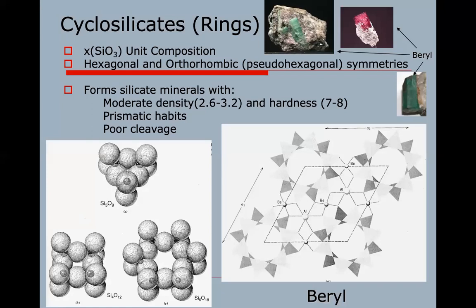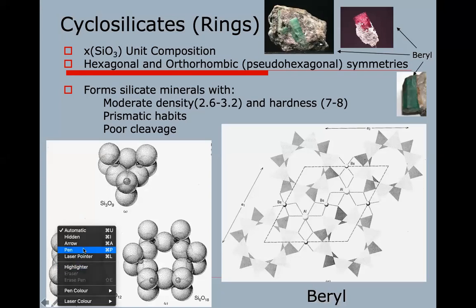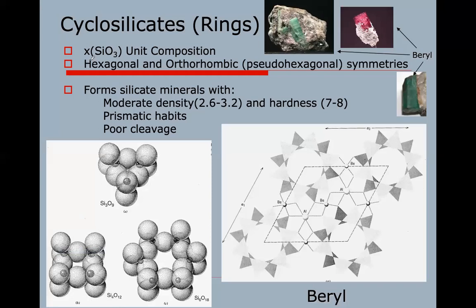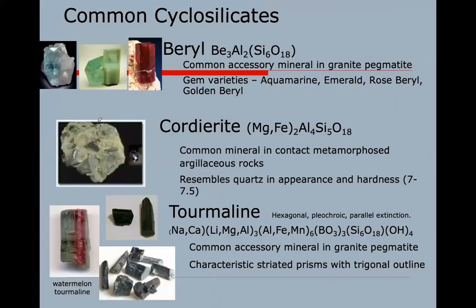So there you have this type of silicon structure, the unit composition, and these silicate minerals show some hexagonal and orthorhombic symmetries. Okay, hexagonal and orthorhombic symmetries, and usually poor cleavage as well, right?